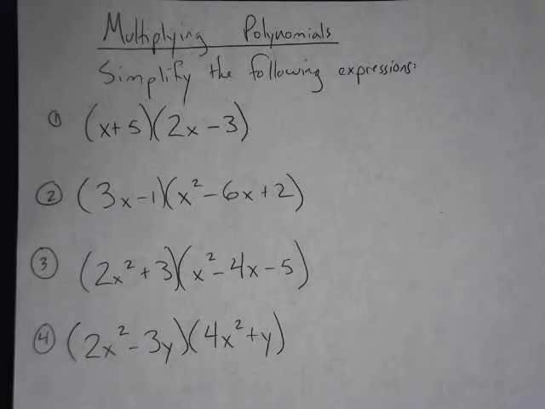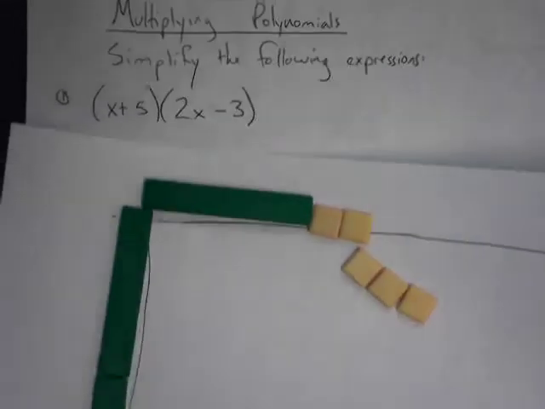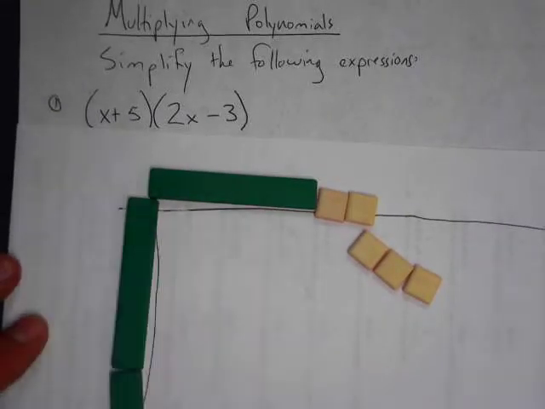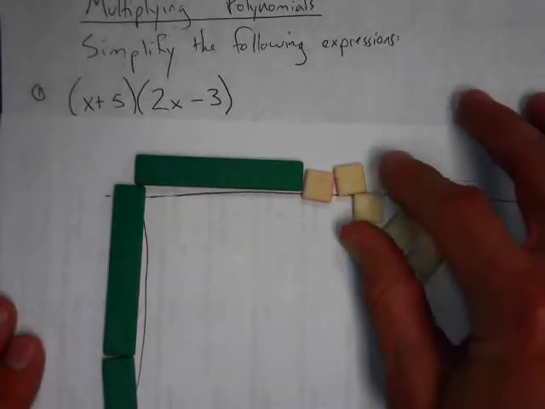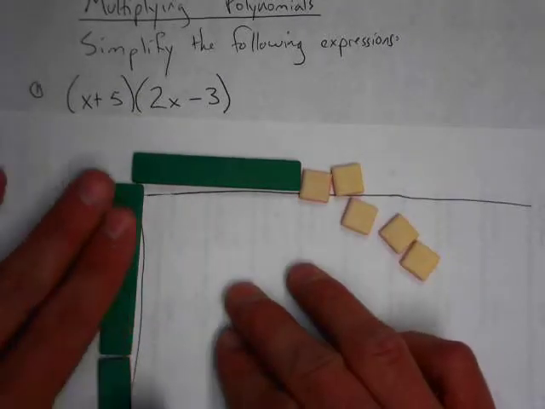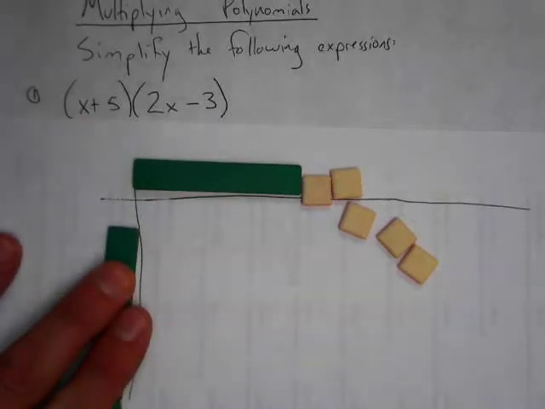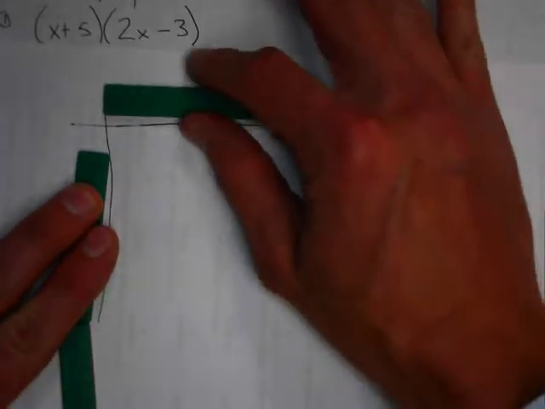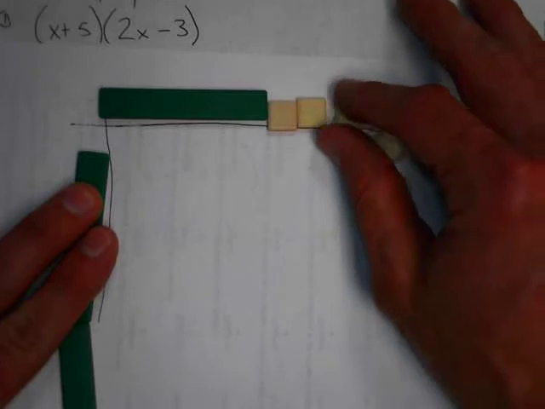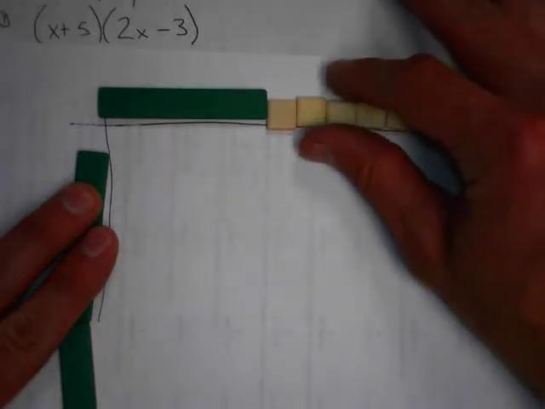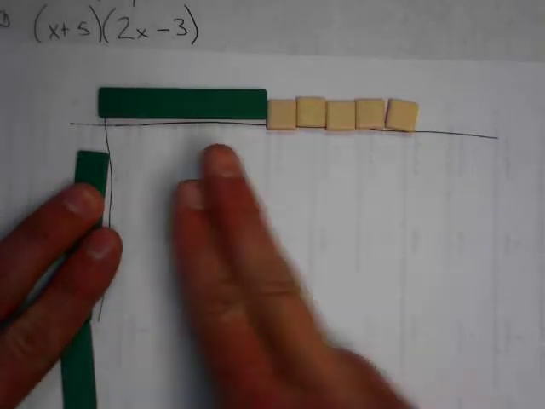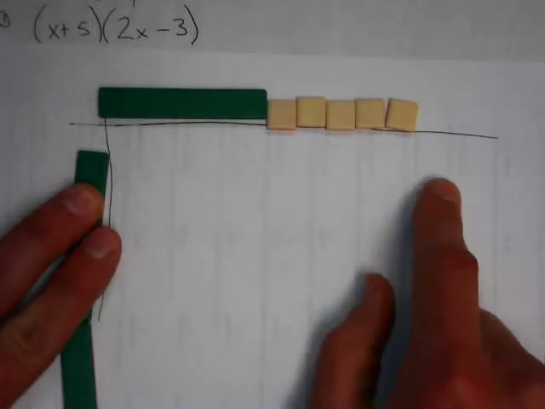So with our first expression with multiplying polynomials, I want to use that model, but I want to use algebra tiles. Okay, so we're going to set up a rectangle with this first example, x plus 5 and 2x minus 3. We're going to use rectangles and algebra tiles. So the first dimension, x plus 5, can be modeled with, of course, our x tile and 5 unit squares. If you remember, we had our 5 unit squares. And so now we are looking at one length that is x plus 5.